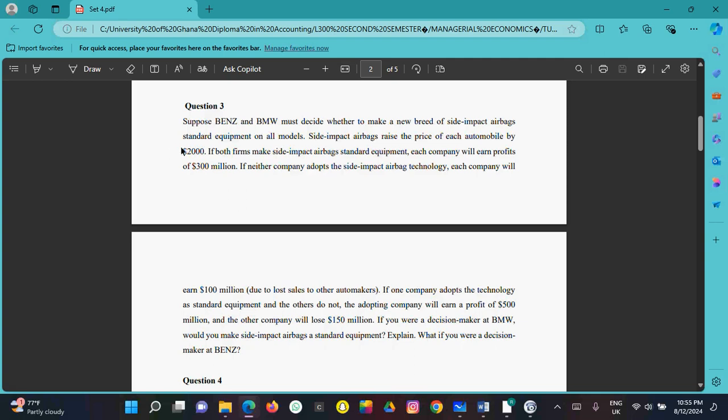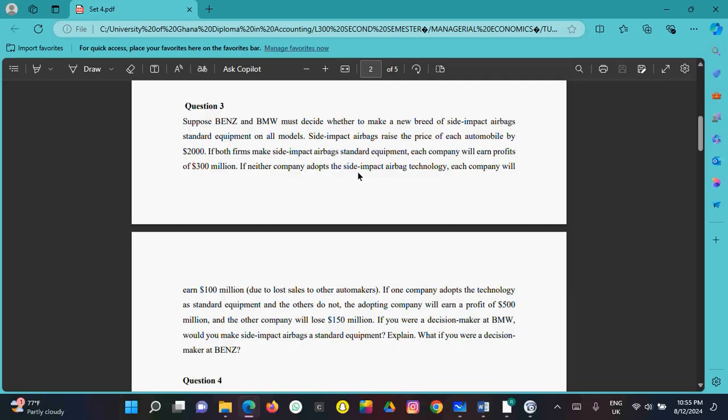Let me read. Suppose Benz and BMW must decide whether to make a new breed of side impact airbags standard equipment on all models. Side impact airbags raise the price of each automobile by $2,000. If both make side impact airbags standard equipment, each company will earn a profit of 300 million.